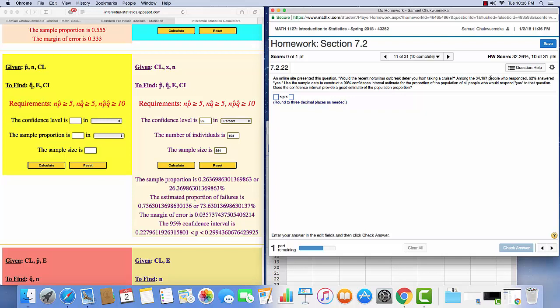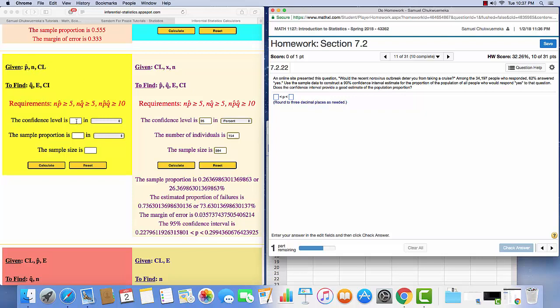In this case, the sample size is 34,197 people. They did not give us the number of successes, they just gave us the sample proportion. And they also gave us the confidence level. So as you can see, this is what you're going to use: the sample proportion, sample size, and the confidence level.